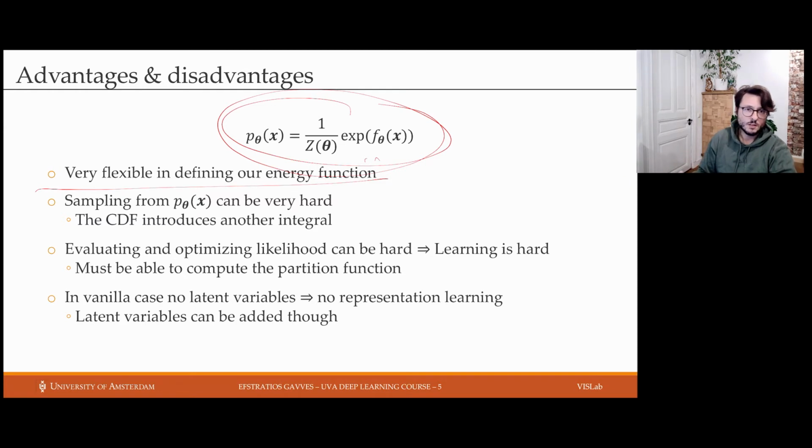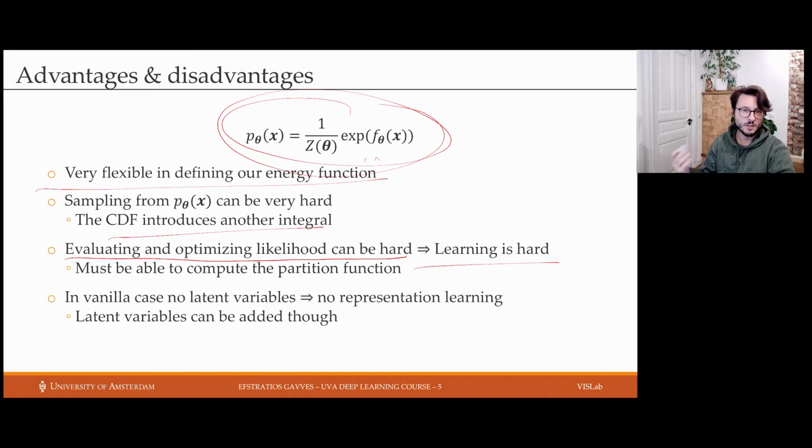The reason is that our partition function is not necessarily going to be tractable or easy to compute analytically. And also for sampling we have, for instance, to compute the cumulative distribution function, and that introduces another integral. Evaluating and optimizing the likelihood can also be very hard, again because we have to compute the partition function.